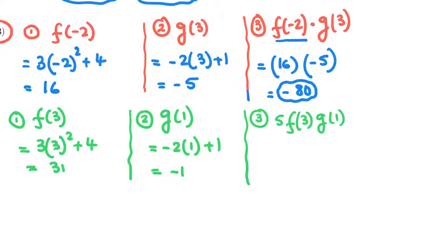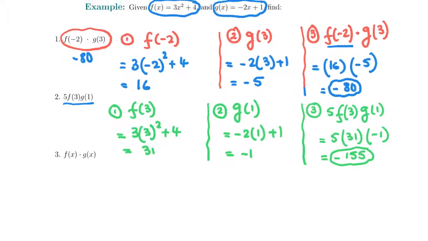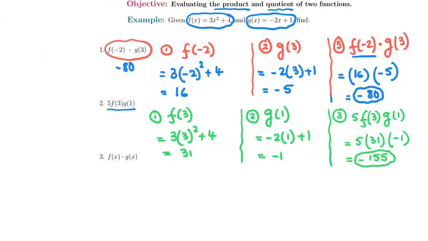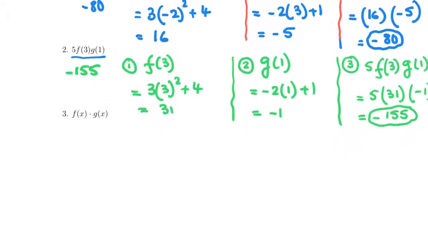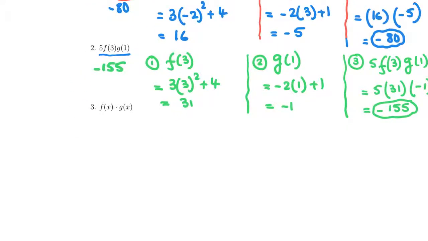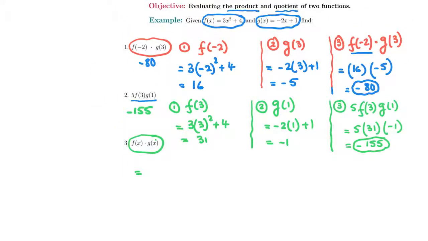Therefore, this is 5 times 31 multiplied by minus 1. So minus 155 is the answer in the second part.